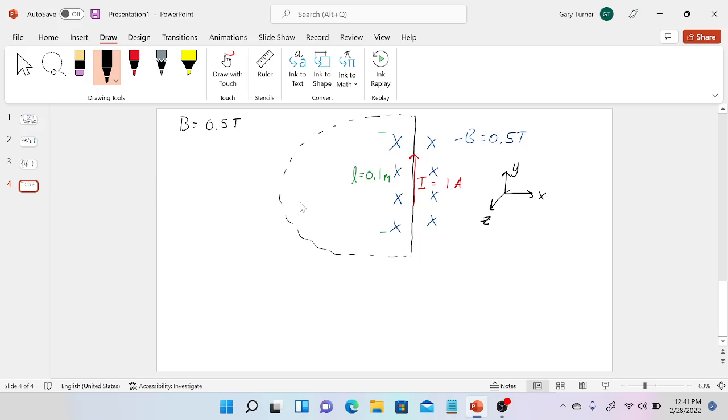So negative z. So with that in mind, B is going to be 0.5 teslas in the negative k direction. Okay? And our current is going to be 1 amp, and it's going to be in the plus y direction.